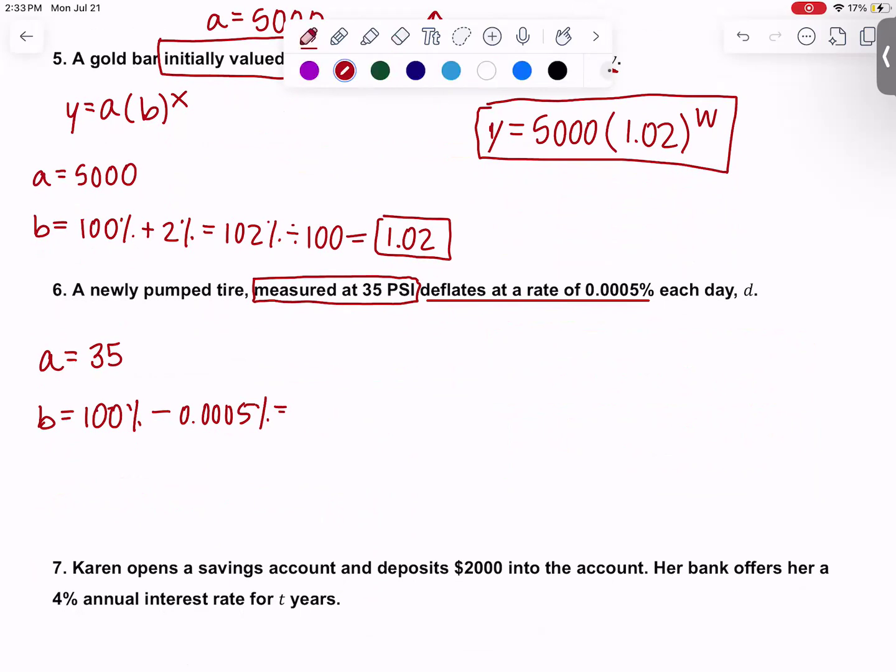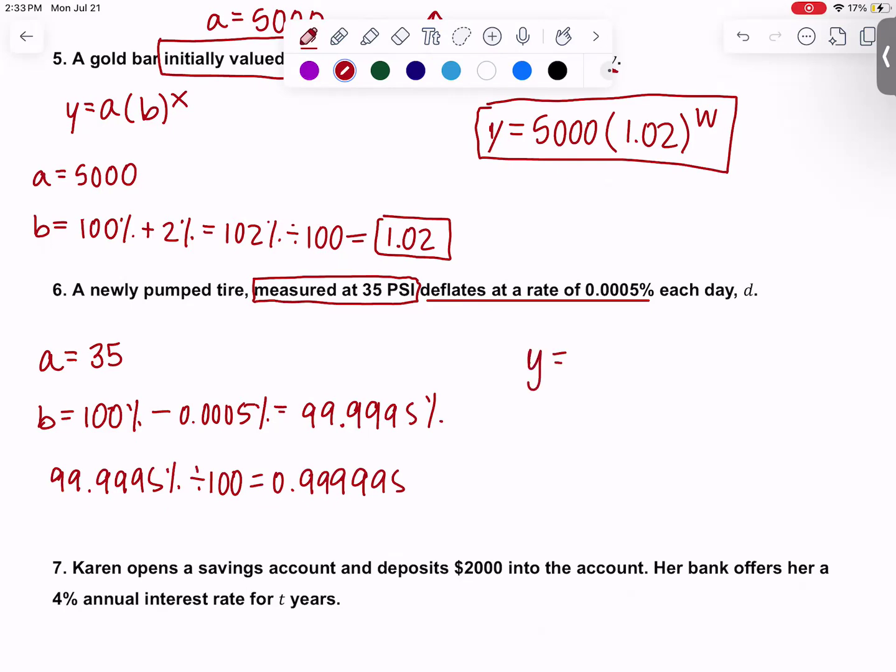When you subtract 0.0005 from 100, you get 99.999%. 99.9995% divided by 100 is 0.999995. 5 nines. Y equals 35 times 0.99999 to the power of d.